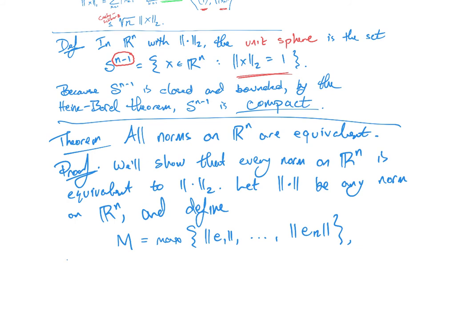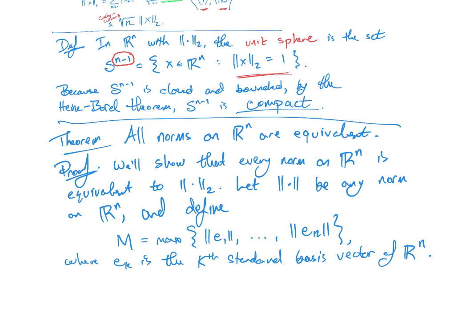Here, EK is the kth standard basis vector of Rn. Now, in this class, every time we take a max, we should be suspicious, but we're okay. All of these things really do have norms, and there's only finitely many, so we can take a max. Okay?